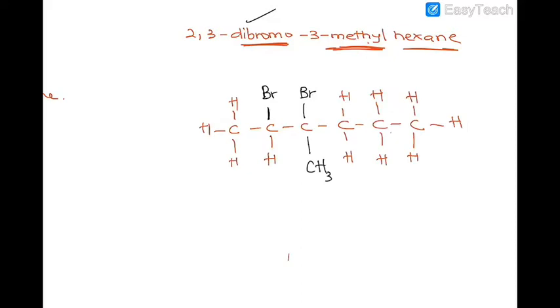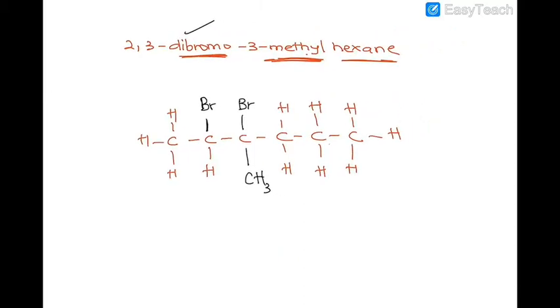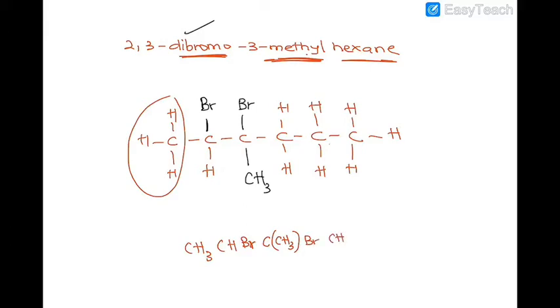Now if you need to draw the condensed structural formula, you always start with the full displayed formula, and then from this you can get the structural formula. So you will have a CH3 here, so we'll start with the CH3, then CHBr, and then you have a C with CH3. I'll put the CH3 in brackets because it's a side chain, and then you have the Br, and then you have the CH2.